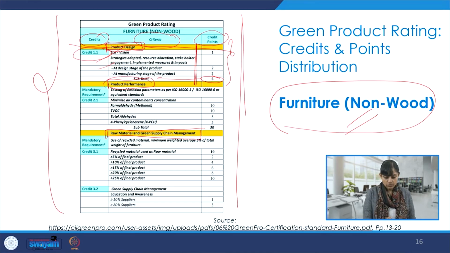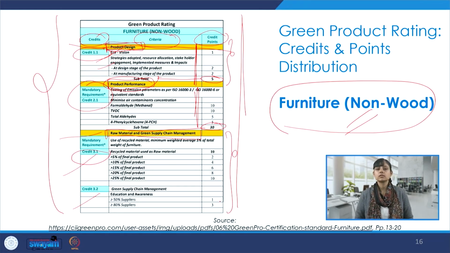Same way for product performance, there are some mandatory requirements, and credit 2.1 emphasizes all of these, and the subtotal is 30. For raw material and green supply chain management, again some mandatory requirements, and credit 3.1 and 3.2, which talk about important aspects, like use of recycled material, etc.